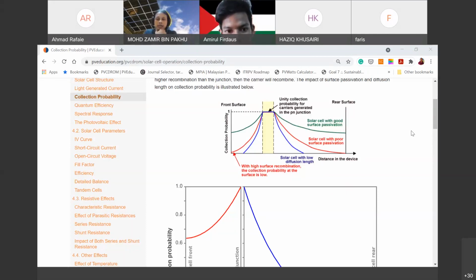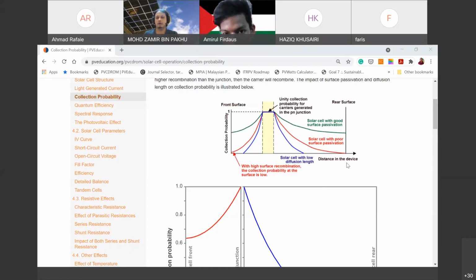So the passivation is a process. Let's recall the passivation is the process that we use in order to suppress recombination. Okay, so if you look at these two surfaces on the left and on the right, we will look at the animation below later on, but let me just go through this first. So if you look at the surface on the right, the rear surface on the right. I'm pointing to the right now.